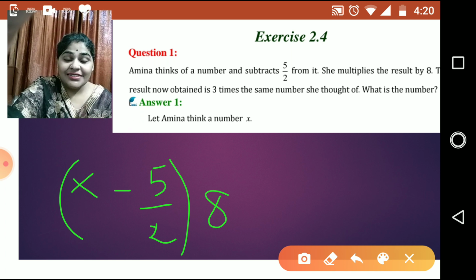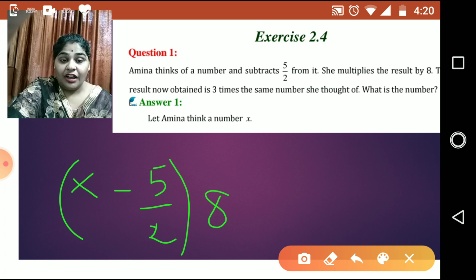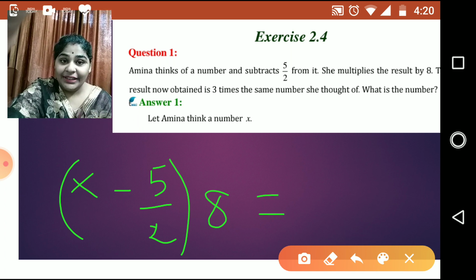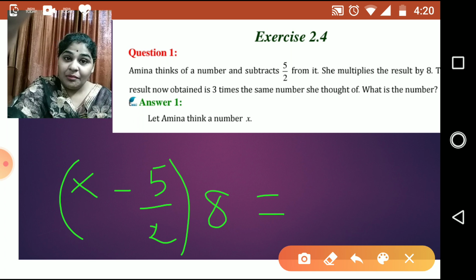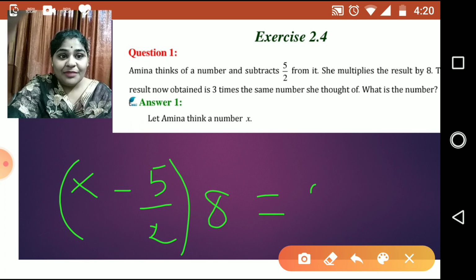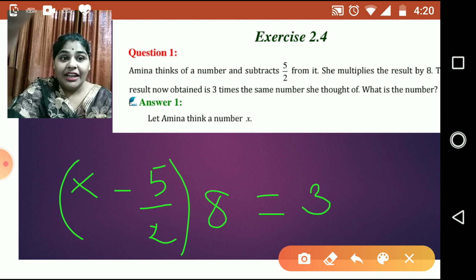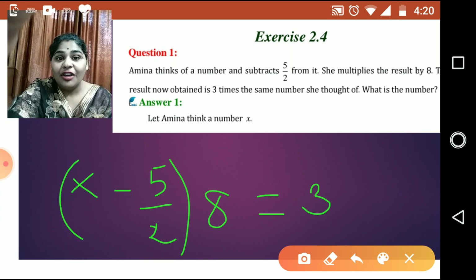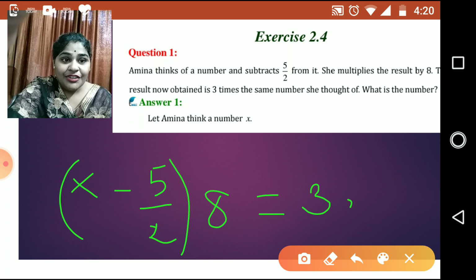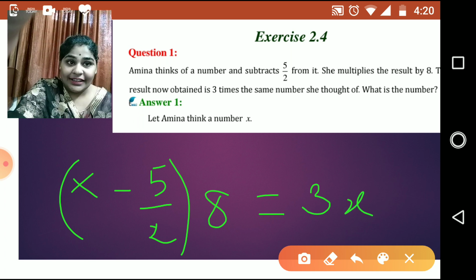And the result obtained after solving this whole thing is equal to 3 times the same number she thought of. 3 times means 3 multiplied by. Which number now? x, right? Amina thought of a number which we have taken as x. So I'll write here 3x.